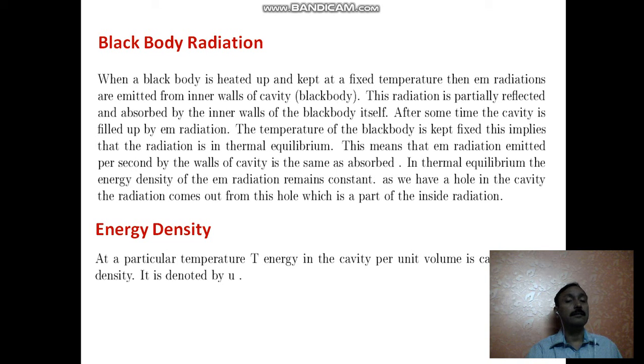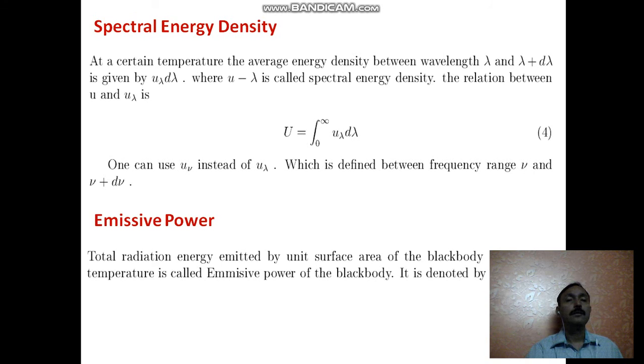Now, energy density. What is the energy density? At a particular temperature T, energy in the cavity per unit volume is called energy density. That means energy per unit volume. It is denoted by U. Spectral energy density.